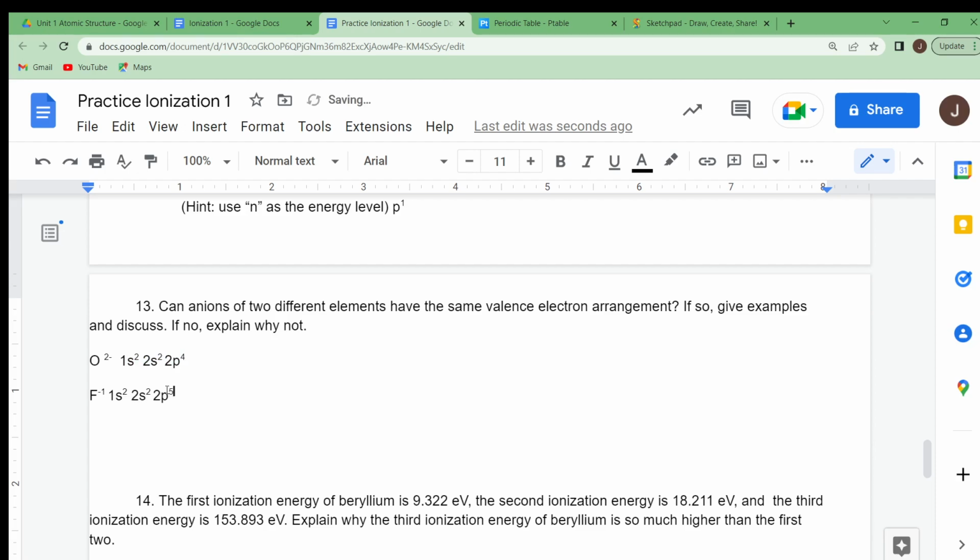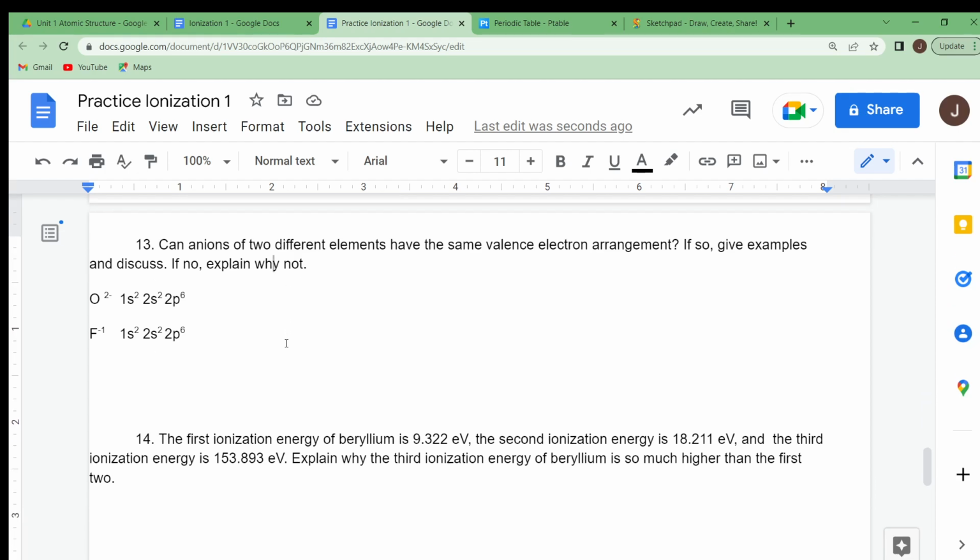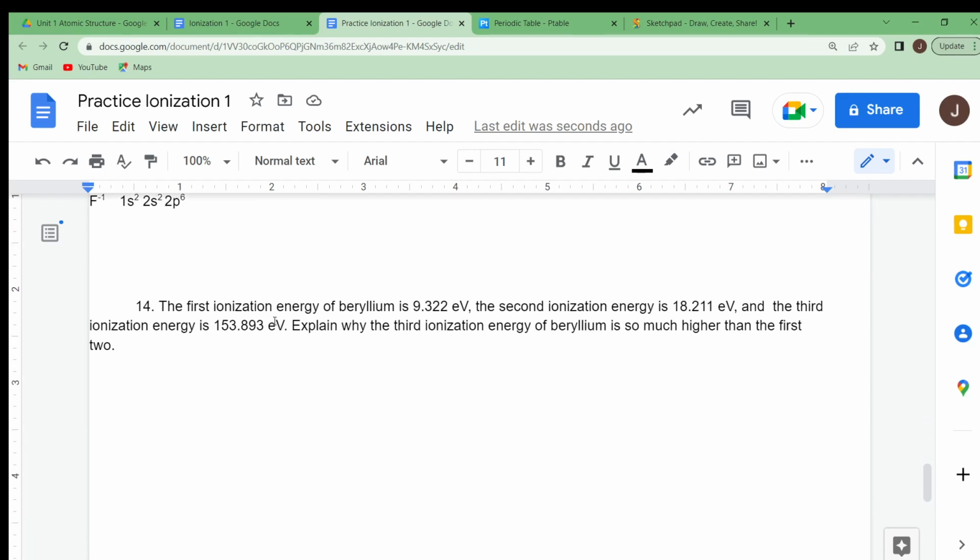And this is fluorine's. However, we just said that this was oxygen 2 minus, which means that it has an extra 2 electrons. And fluorine also has 1 extra electron. Therefore, we can say that these two do have the same valence electron arrangement, and they are 2 different ions. Okay.